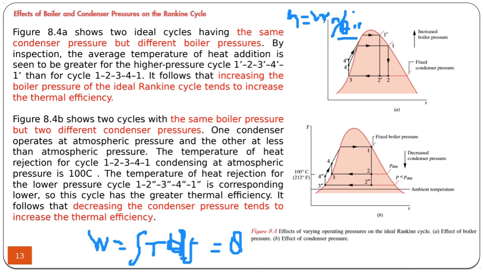And it looks like the area in the second one is more than the area in the first one, meaning that the work in the second case is greater than the work in the first case, meaning that the efficiency in the second case is greater than in the first case.